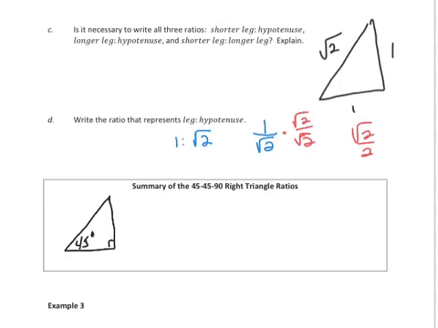If I wanted to generalize, I could say this is 1x, and this is 1x, and then the hypotenuse is x radical 2. So the ratio of leg to hypotenuse is 1 to radical 2, or it's x to x radical 2, if you want to solve for this.